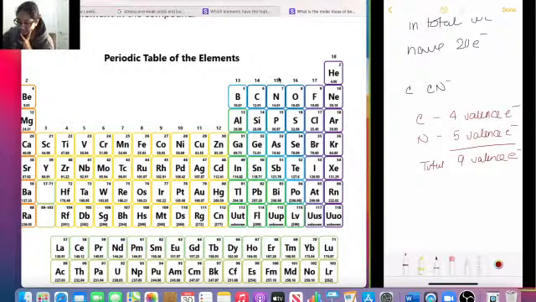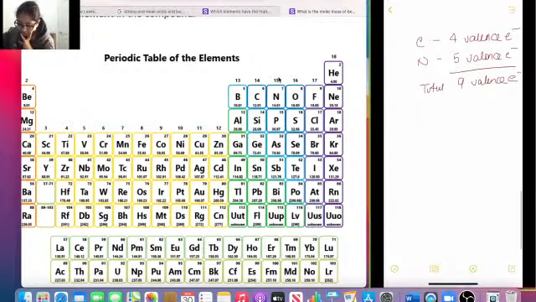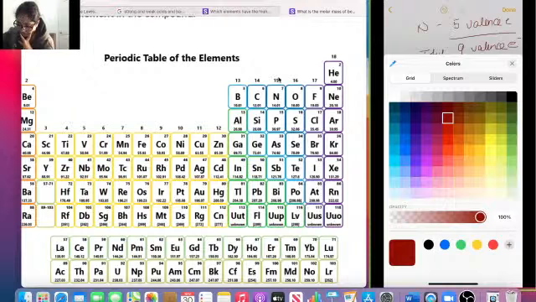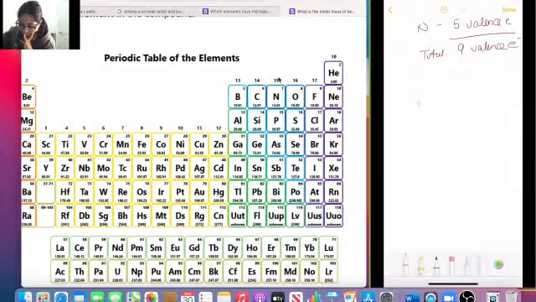And so when we're drawing out the structure here, since we have 9 valence electrons, and one bond is 2 electrons sharing, we can form 3 bonds, so basically a triple bond between the 2 atoms, right?